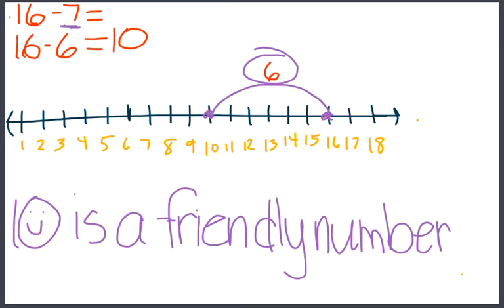So once again, with a teen number like 16, it is easy to take away the digit in the ones place to get to 10. We can think of 10 as a friendly number because teen numbers can be broken into a 10 and one or more ones.